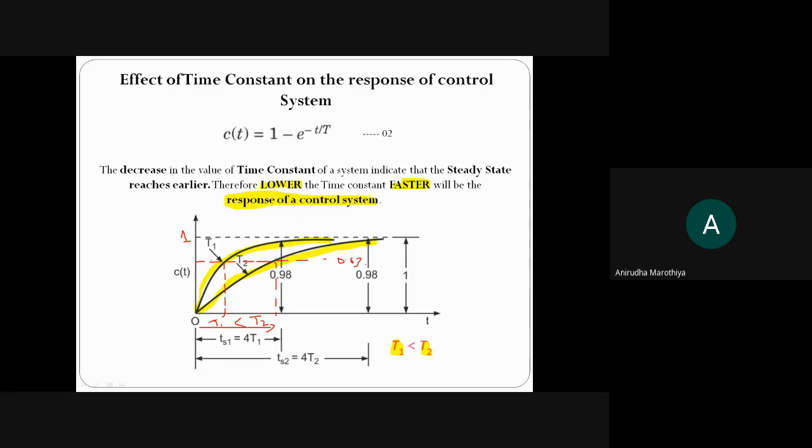Are you getting my point? Yes, sir. So I want you to please draw this diagram and write this as a final conclusion: lower the value of time constant, faster will be the response of that particular system.